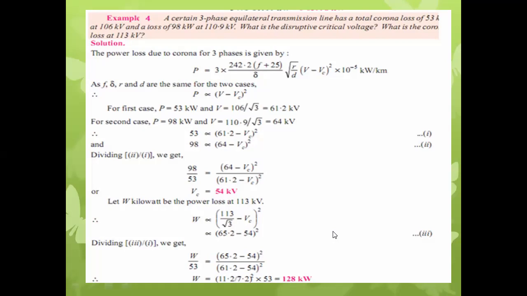They will give you data like this and ask what is the critical disruptive voltage. So remember that this type of numerical is very important from the competitive examination point of view. It is very essential to remember how to calculate these things.